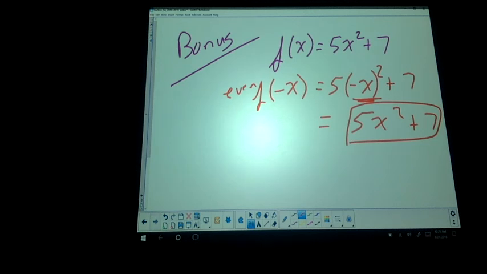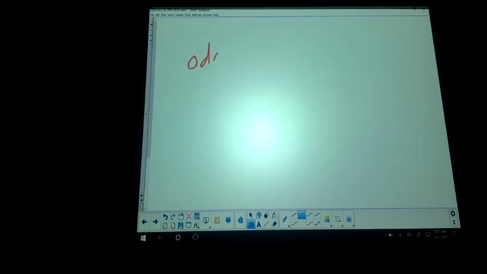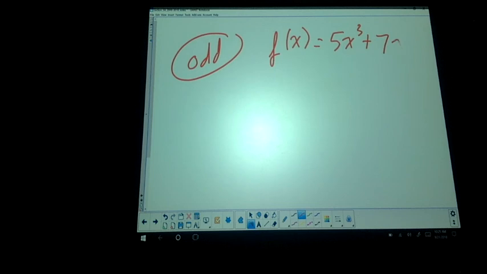If I want to see if I have an odd function, let's say I have f of x is equal to 5x to the third plus 7x. If I want to know if this is even or odd, all I'm going to do is take negative x and plug it in.